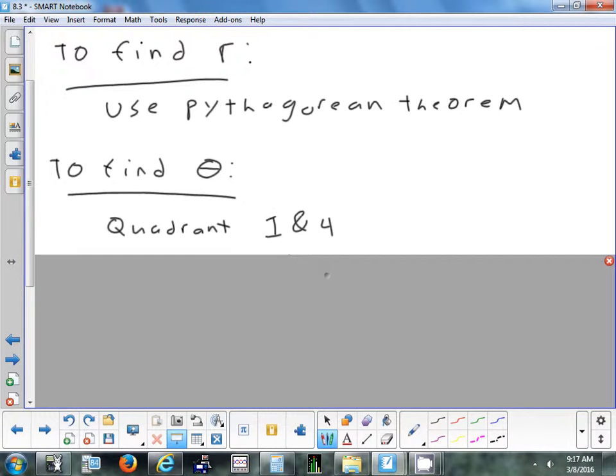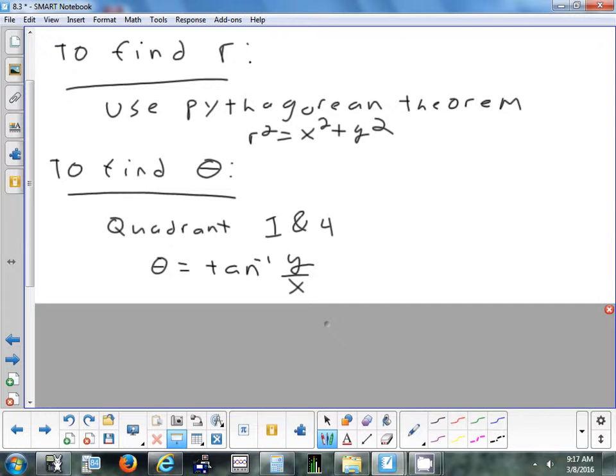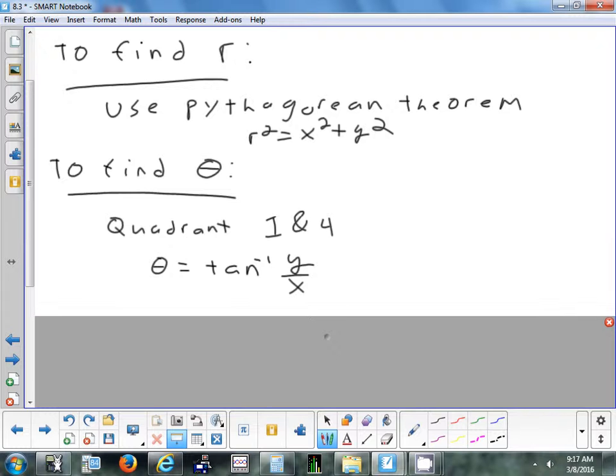Okay, so to find r, you're going to use the Pythagorean Theorem. r squared equals x squared plus y squared. And to find theta, you use the inverse tangent of y over x. But that formula will only work in quadrants 1 and 4.